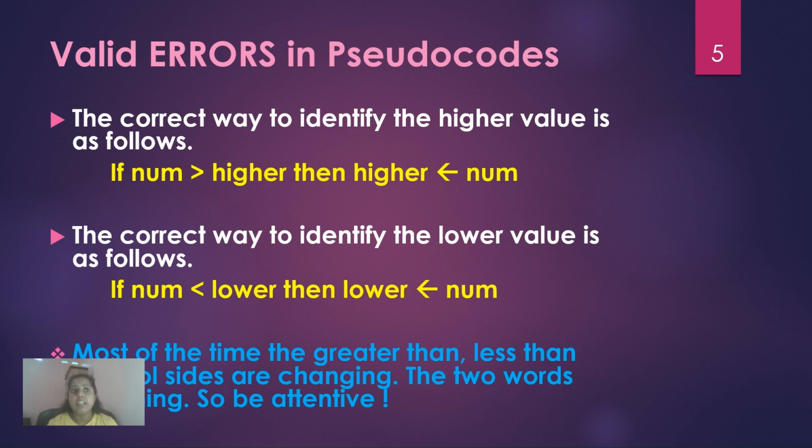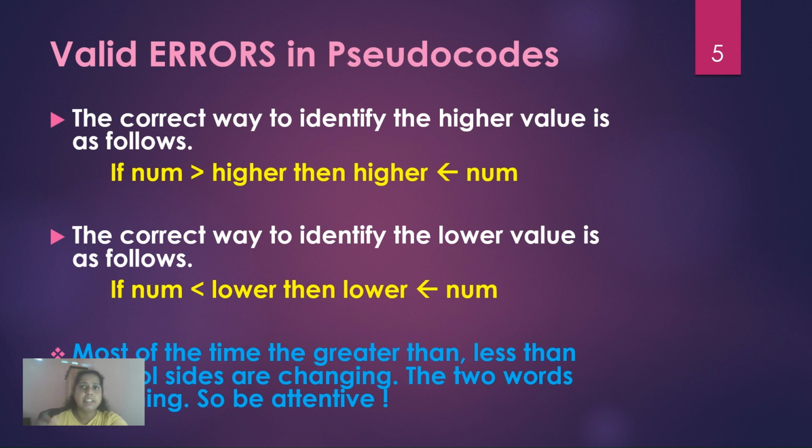The correct way to identify the higher value is as follows. If number greater than higher, then higher equals number. That is correct. The correct way to identify the lower value is: if number less than lower, then lower equals number. Both are accurate statements.